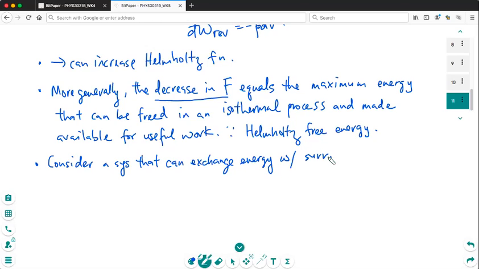I have a system and a surrounding that can exchange energy and nothing else. According to my knowledge of the second law, the entropy of the universe cannot decrease. Actually, I want to write more, at a fixed temperature T. Okay, isothermal. So the second law will demand this: the change of entropy for the system plus the change of entropy for the surrounding, the total, has to be greater than or equal to 0.